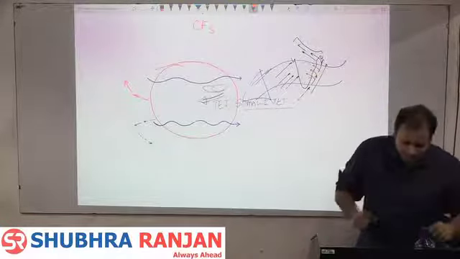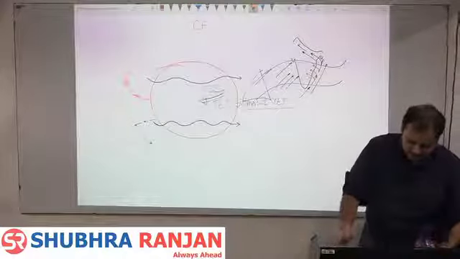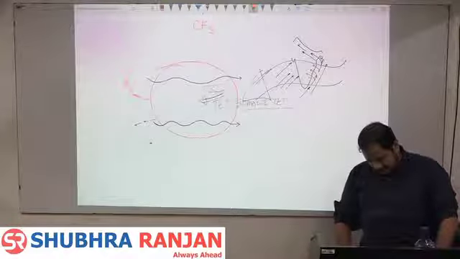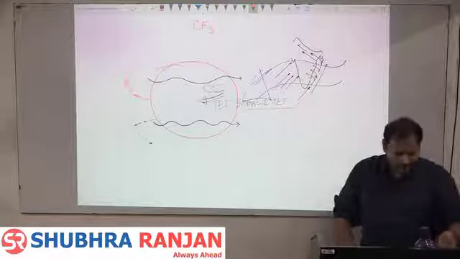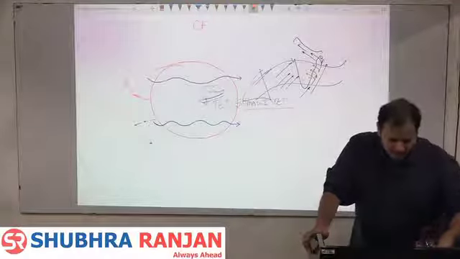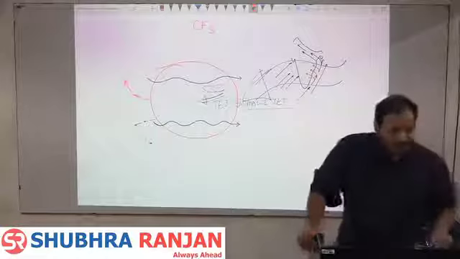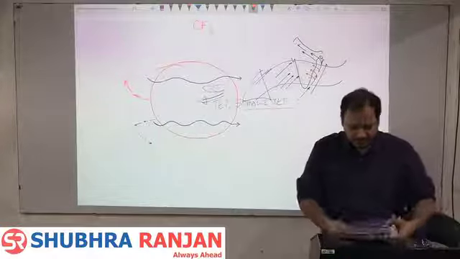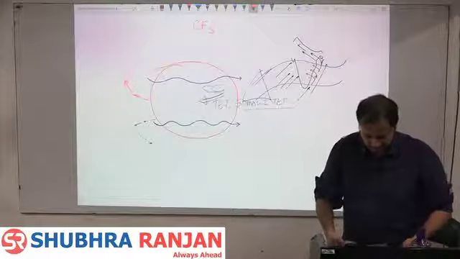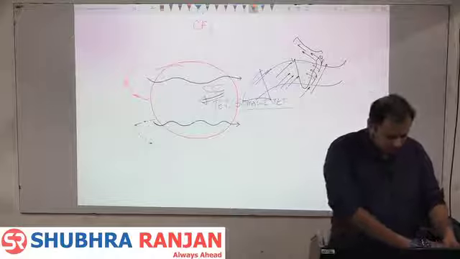So geostrophic winds. The winds that flow parallel to the isobars, unlike the regular winds, are known as geostrophic winds.